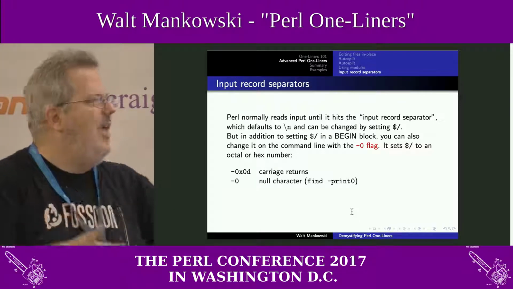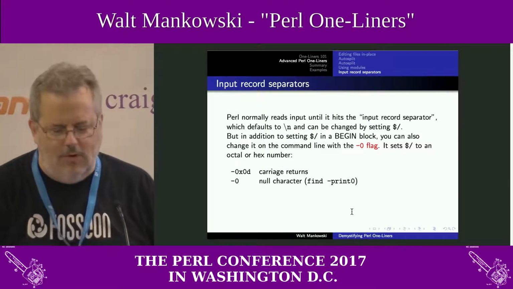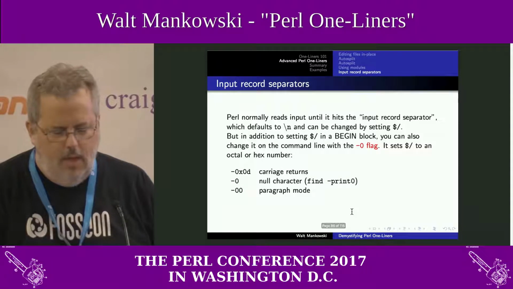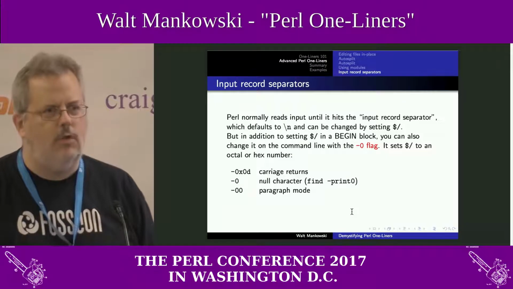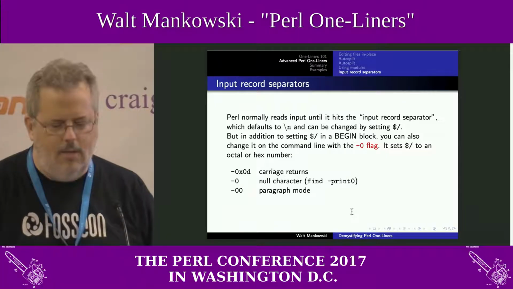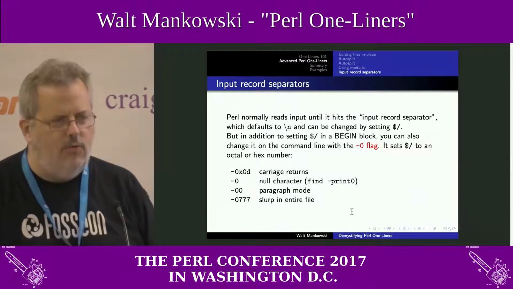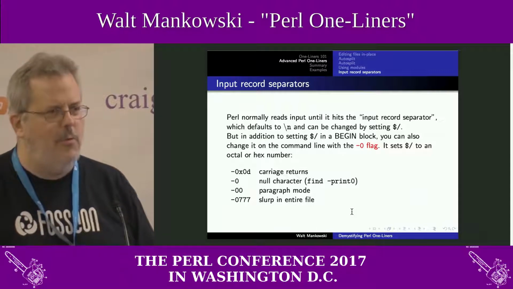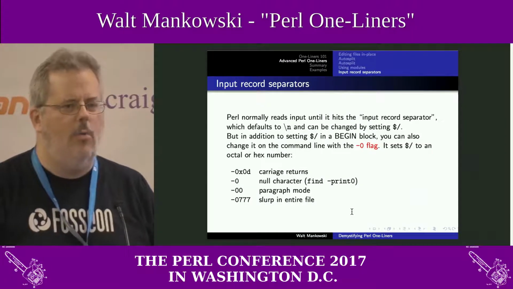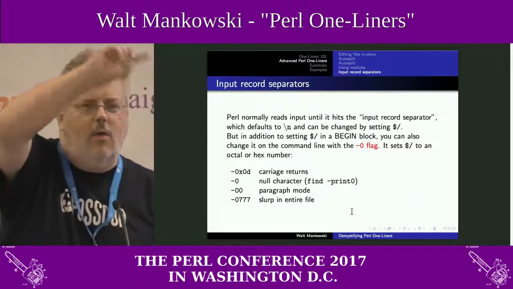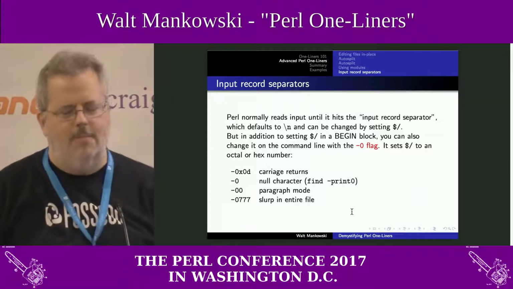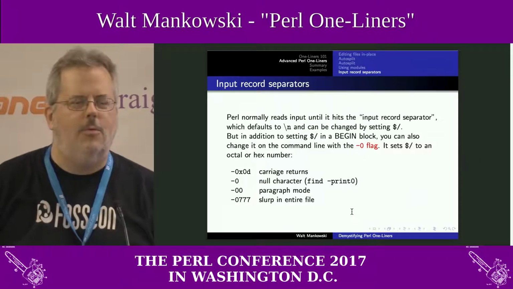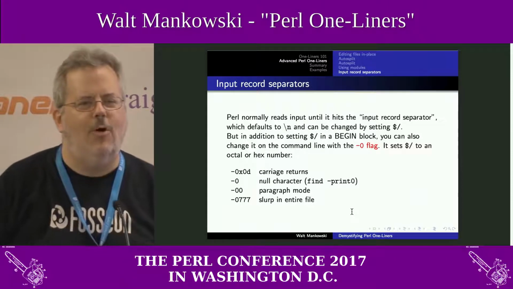So look at examples for how find -print0 works, because it is useful in some cases. If you say -00, it splits on paragraphs, which is like a blank line. And if you say -0777, it slurps in the entire file all at once. So now your loop is only going to read in one record, and it's going to be the entire file.